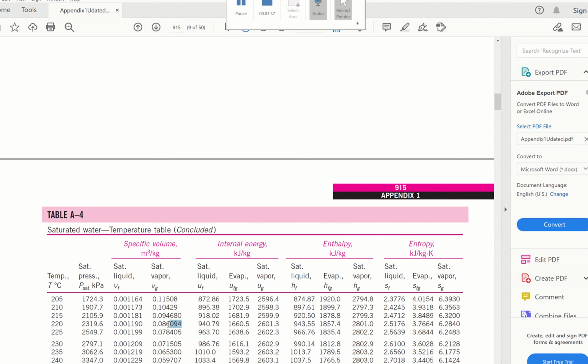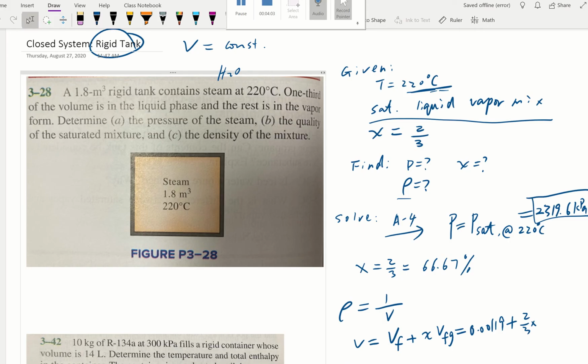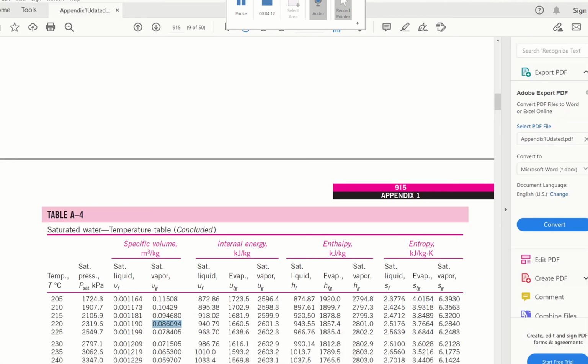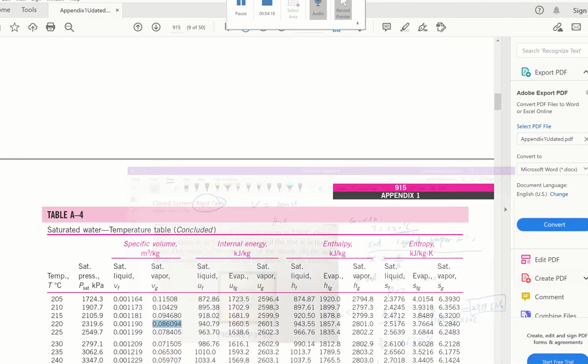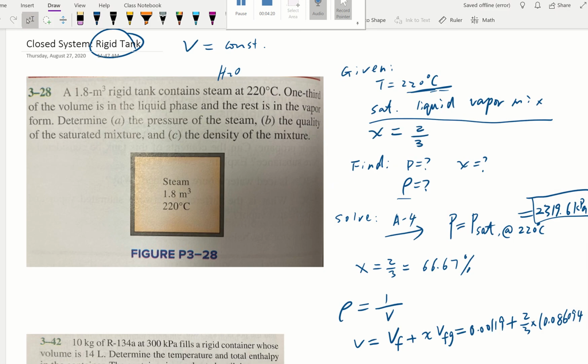vg is 0.086094. Did I do it right? Yes. Okay, I think we're good.